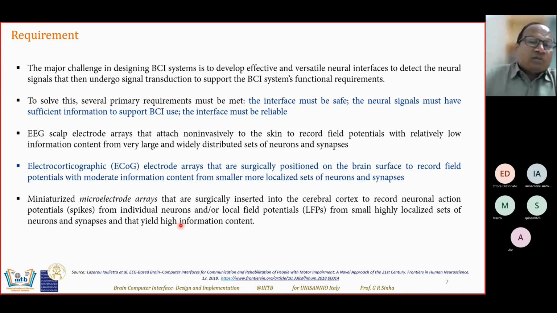I hope what we have covered in this slide is, again, I repeat, for EEG, the area covered is large and the information is low. For ECoG, the area covered becomes more localized, and information becomes moderate, a little more.